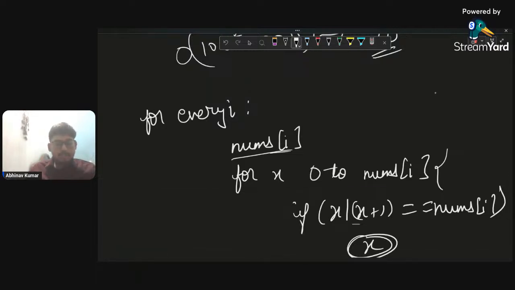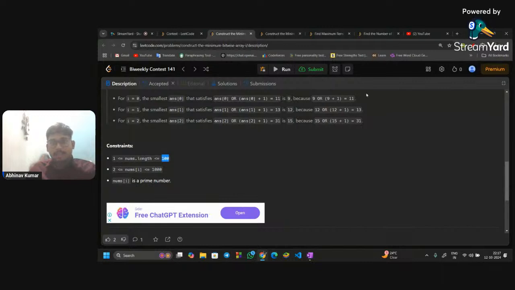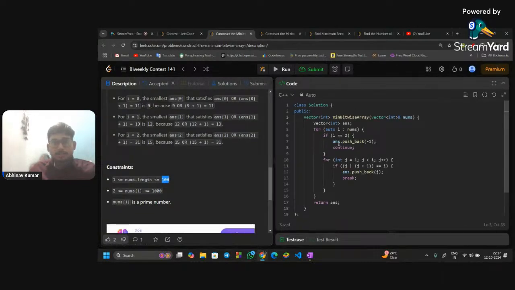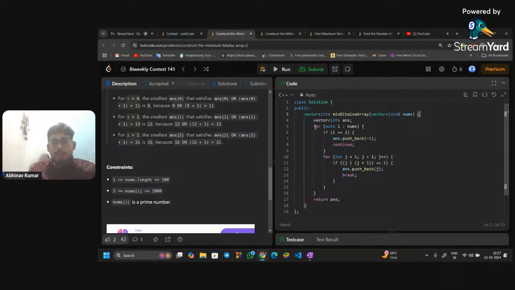For this brute force approach, I'll just show you the code quickly, then I'll move to the second problem. I'm going through every value in my nums and checking. Here I have written: if the number is 2, then we get a -1. For every other number, if it is a prime number, we know it would be an odd number.